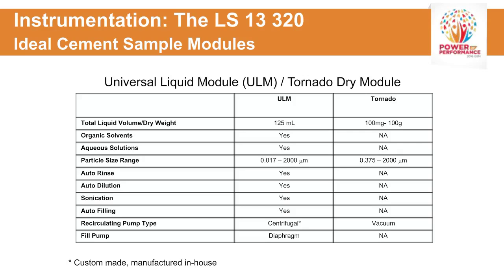And no matter which bench you have, the size range running dry is going to be 0.375 microns to 2,000 microns. And it uses vacuum only. We use a high-quality vacuum cleaner that we offer that's well-grounded, so you don't have any static forces or anything like that. And I'll get into its unique design, why it's called Tornado, in a moment.